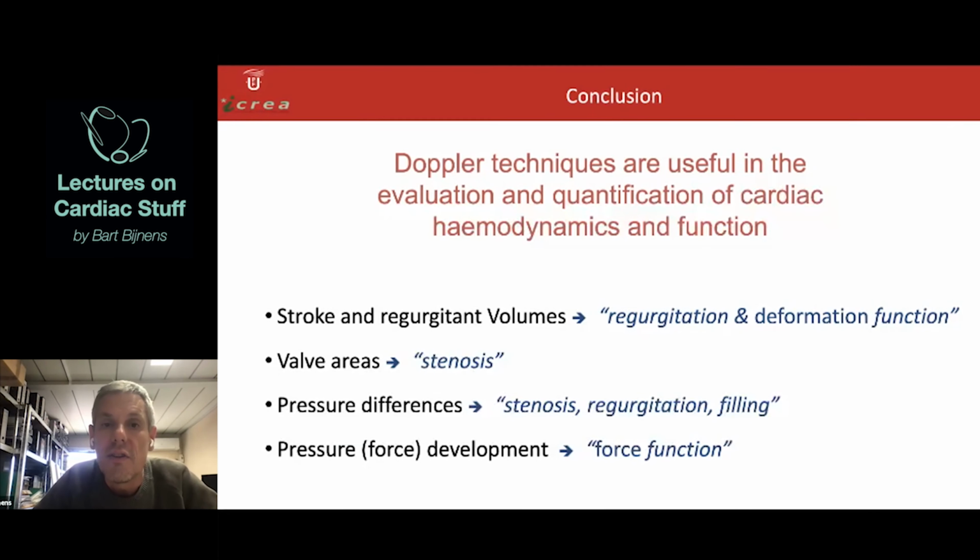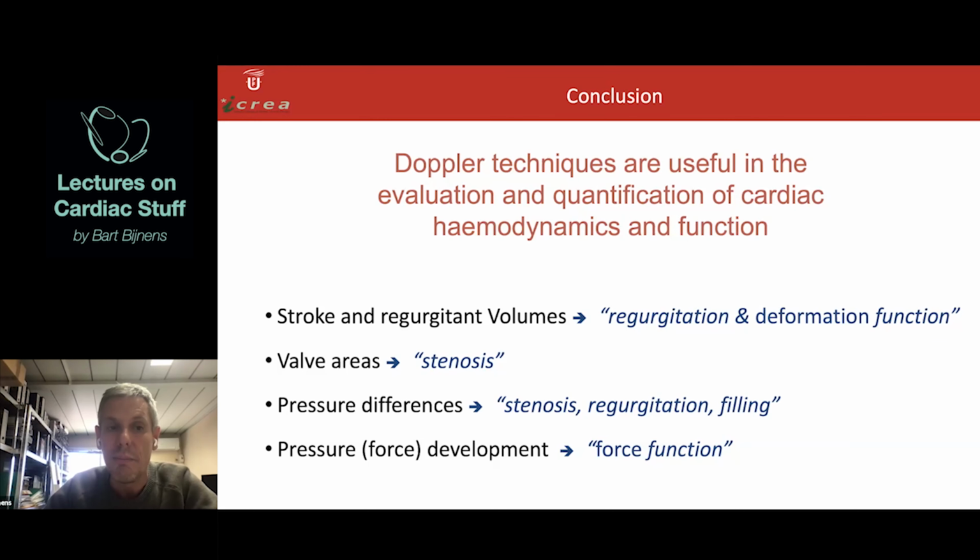So just to conclude, using Doppler and/or the dynamics of velocities measured by whatever technique, but in clinical practice Doppler is the most used, we can get quite a lot of information which is relevant to describe both the ejection as well as the filling of the heart.